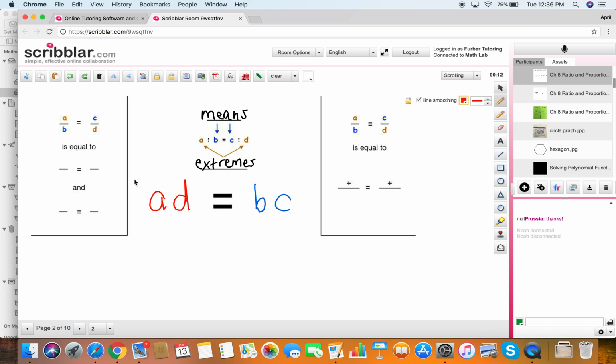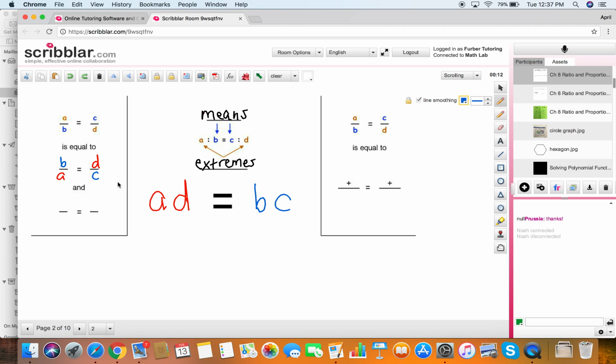So, for example, instead of writing it like this, I could choose to reverse it and write the B over the A. But if I write the B over the A, then I need to make sure that I reverse it on the other side too so it stays consistent and the means and the extremes are always across from each other. So that means that I would need to write it as D over C.